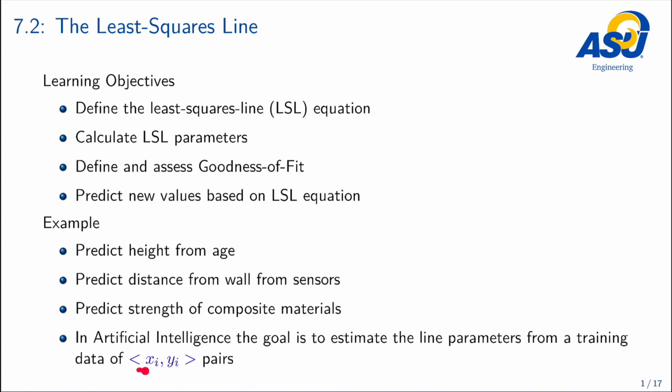So we have XY pairs, and with those pairs we want to estimate the linear approximation of y with respect to x, and as we keep feeding it data, the model will start to improve and do better predictions.